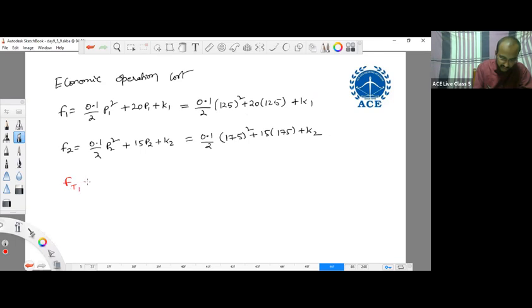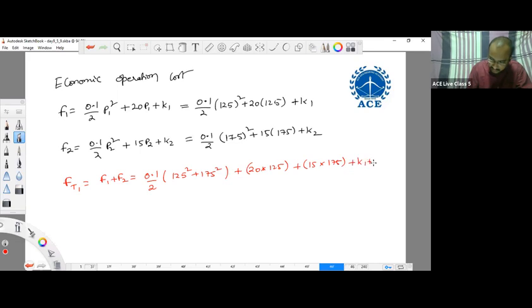Now what is the total fuel cost here? So FT1 is F1 plus F2. If you add this, what do you get? Here 0.1 by 2 is common. So 0.1 by 2 into 125 square plus 175 square, plus 20 into 125 plus 15 into 175 plus K1 plus K2.